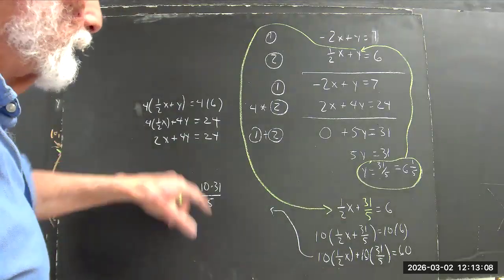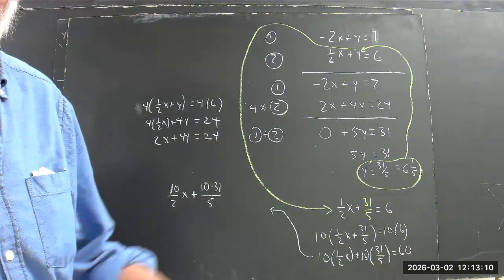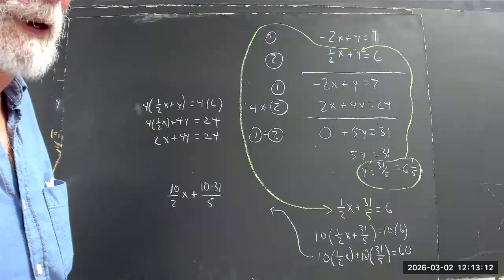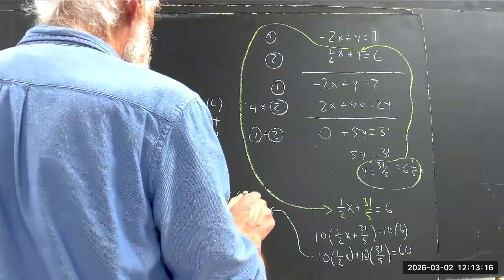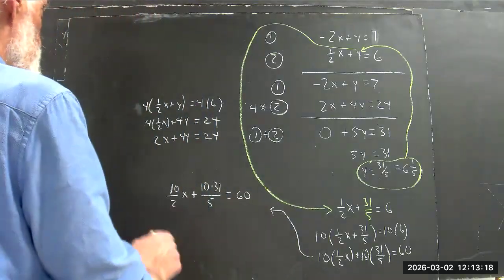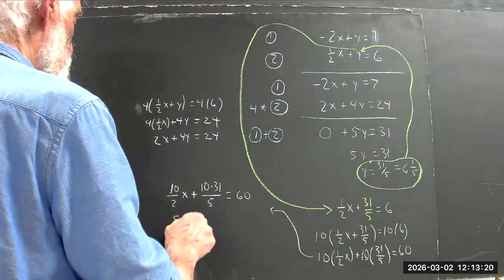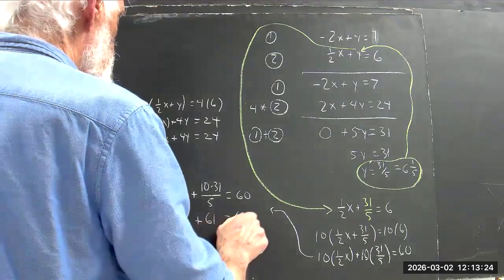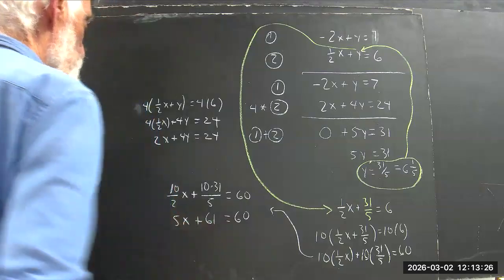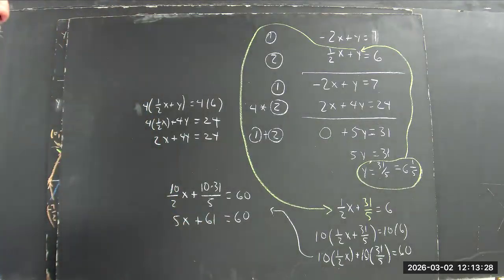Then I'm going to want to divide the 5 into the 10. I don't want to have to divide it into 310. Okay? And then on the right, I've still got my 60. And then I do my divisions, and I get 5x plus 62 equals 60.